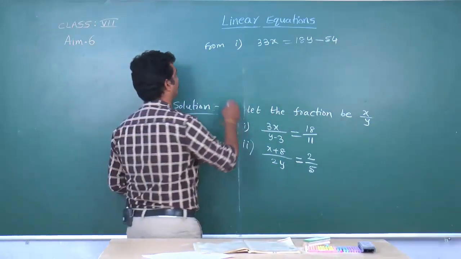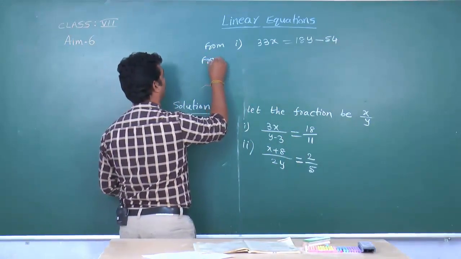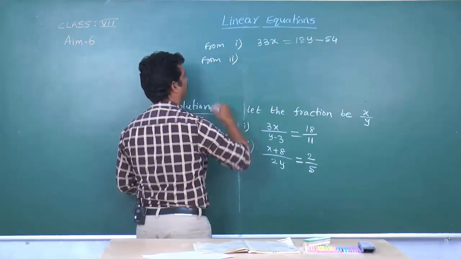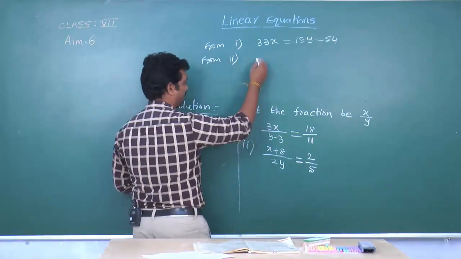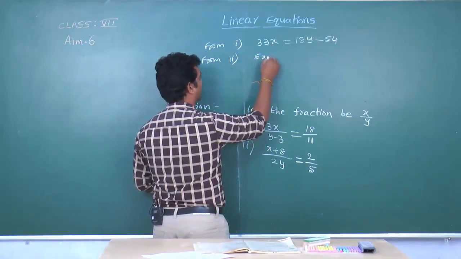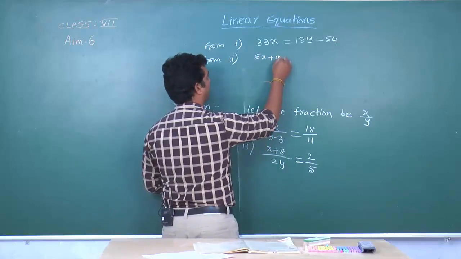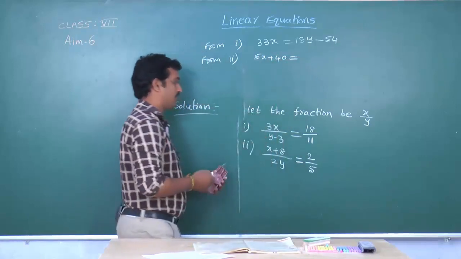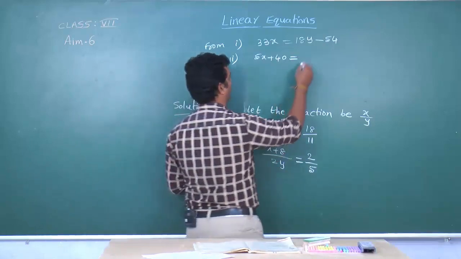From 2, we have 5x plus 40 is equal to 4y.